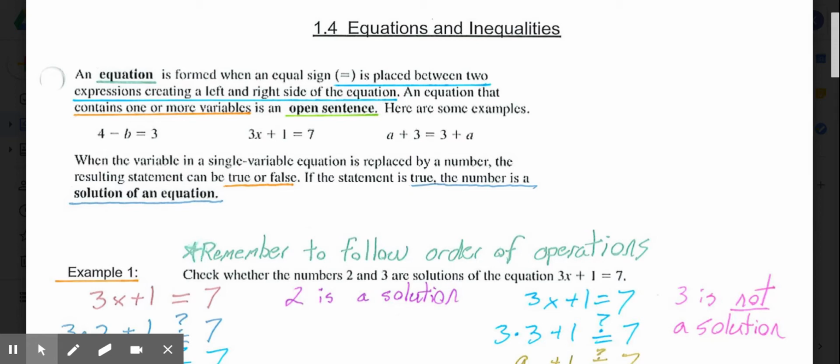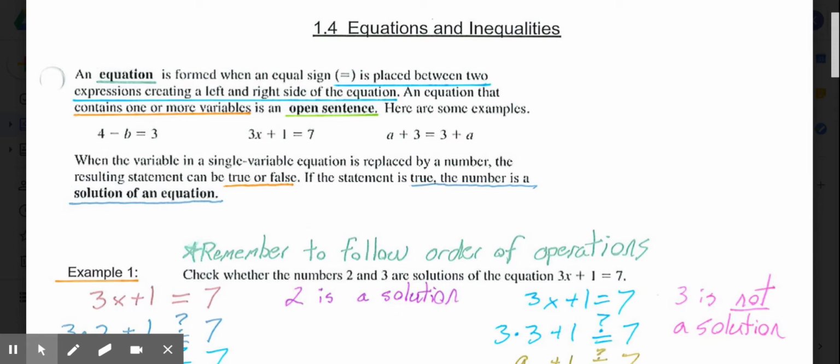Then, when the variable in a single variable equation is replaced by a number, the resulting statement can be true or false. If the statement is true, the number is a solution of the equation.